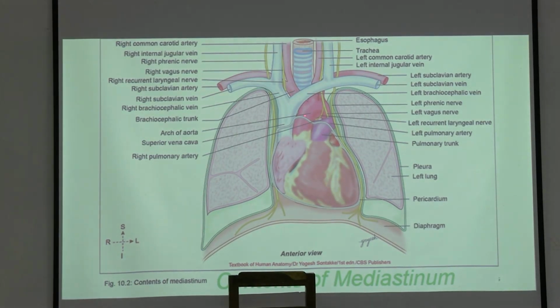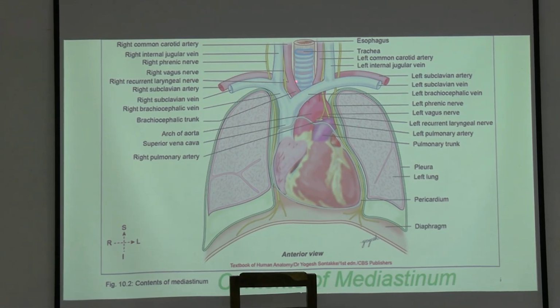Then we can find the arch of aorta just behind these veins. And this arch of aorta divides into three branches. You can see one, two and three. Can you see the three branches? I will show you in the cadaver also, but before that you have to know. So this branch is going towards the right side and it divides into two other great vessels.